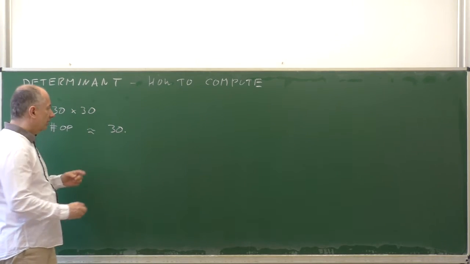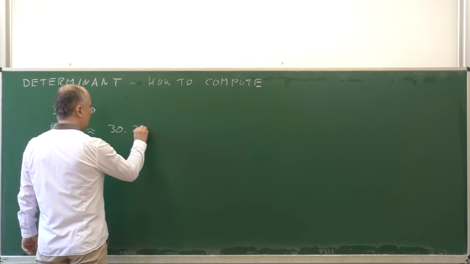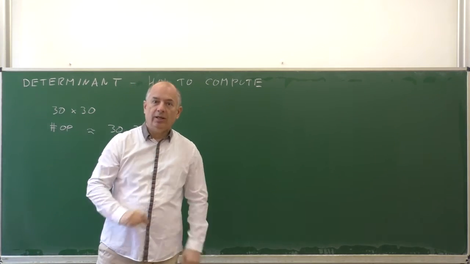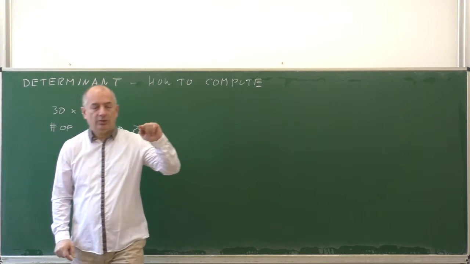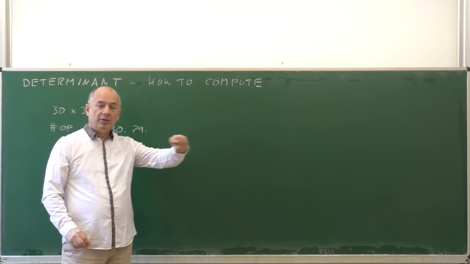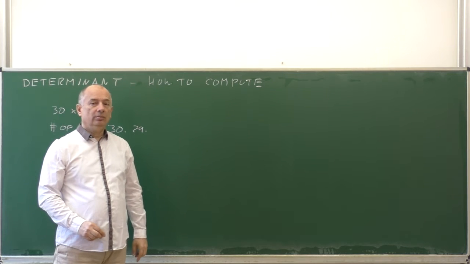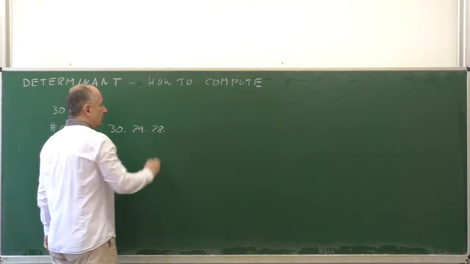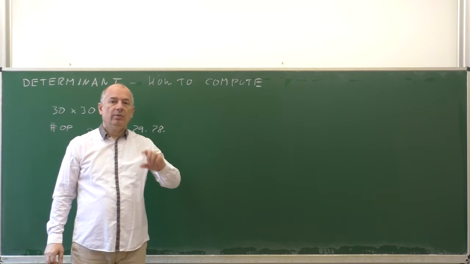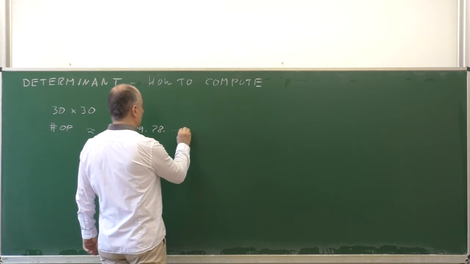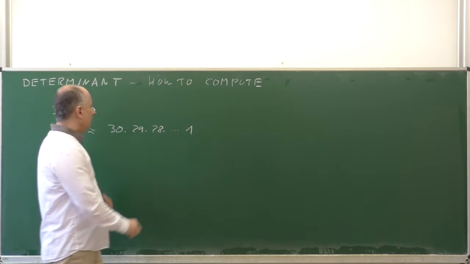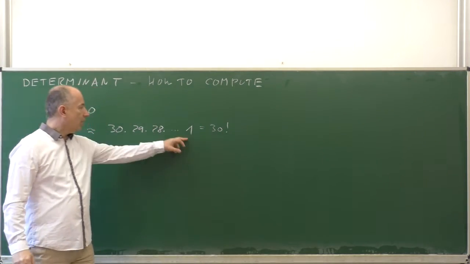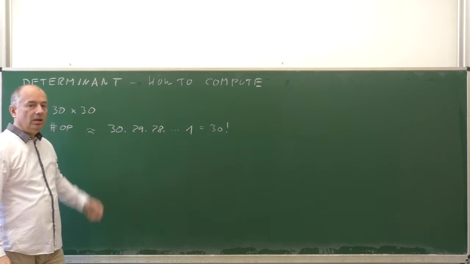And for each of them, we want to perform 29 times the determinant of a matrix 28 by 28. And each determinant of this small matrix can be evaluated by expanding along a row or along a column, and we want to evaluate 28 determinants, each of them 28 by 28. And in this way, we need the number of operations to be 30 factorial. 1 times 2 times 3 up to times 30.